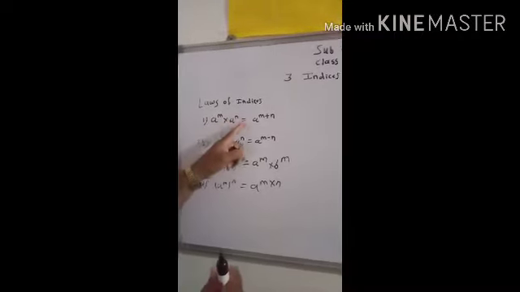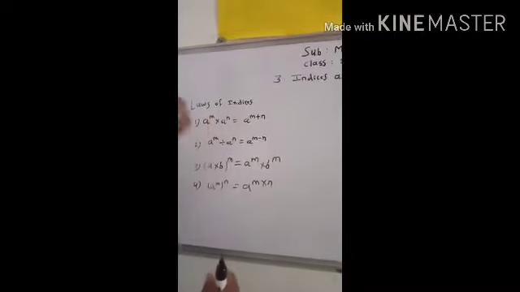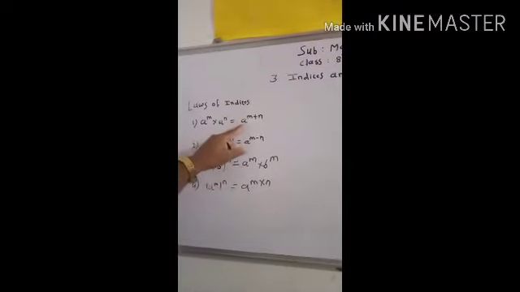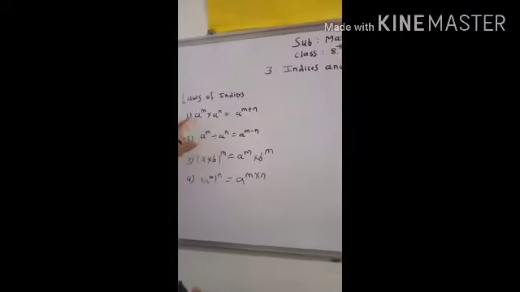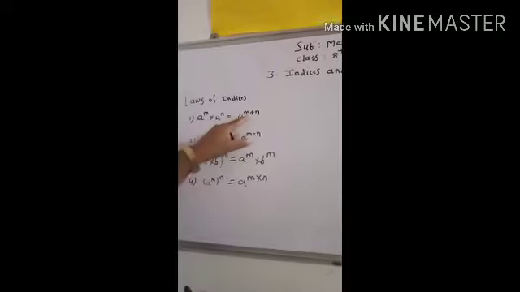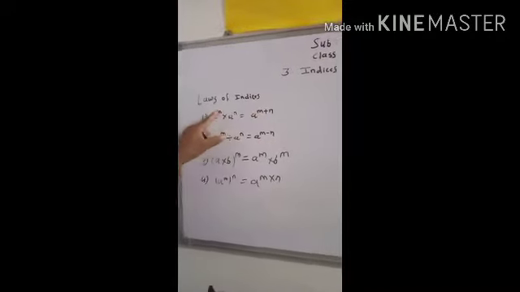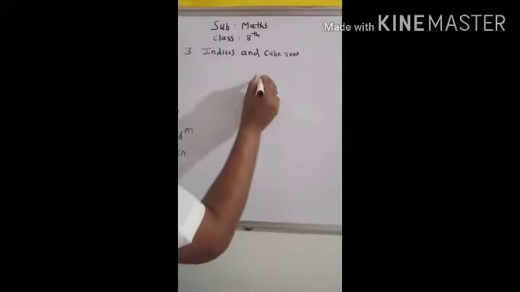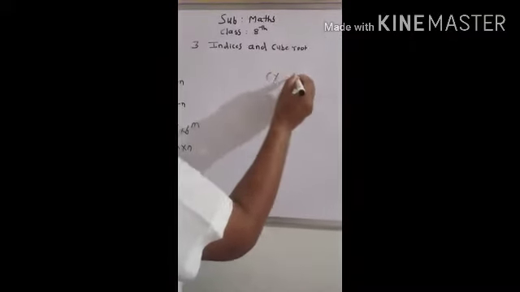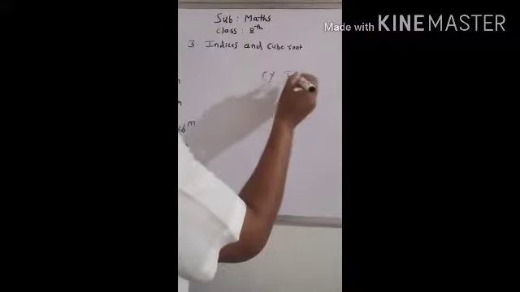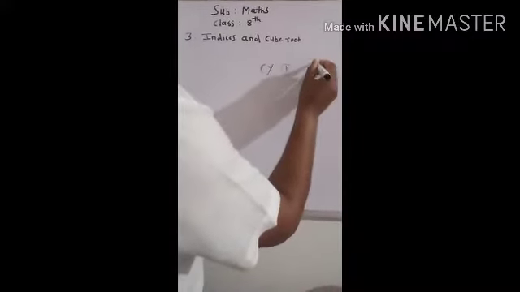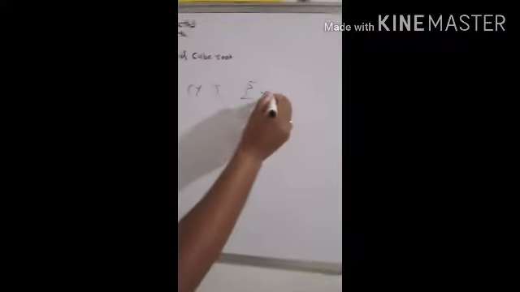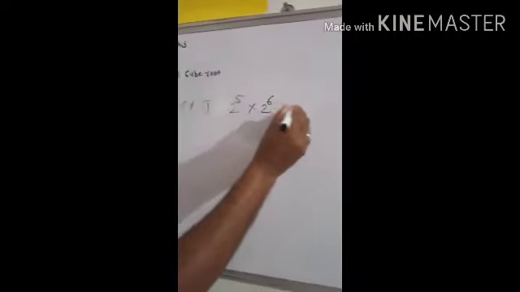Then what will we do here? A to the power m plus n means that the base is the same and we are adding the index. For example, suppose the example is 2 to the power 5 into 2 to the power 6.